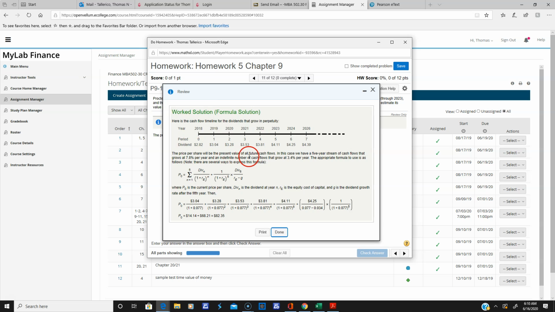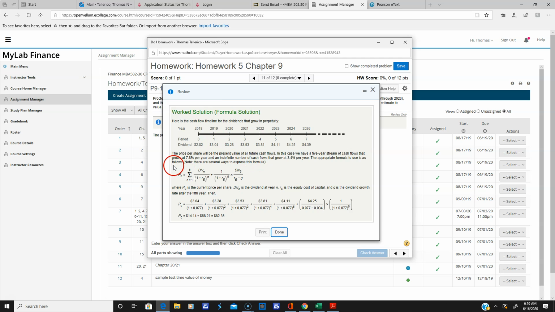The price per share will be the present value of all future cash flows. In this case, we have a 5-year stream of cash flows that grow at 7.8% per year, 1, 2, 3, 4, 5, and a perpetuity of cash flows that grow at 3.4% per year.